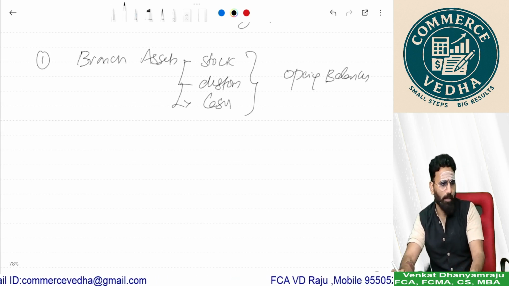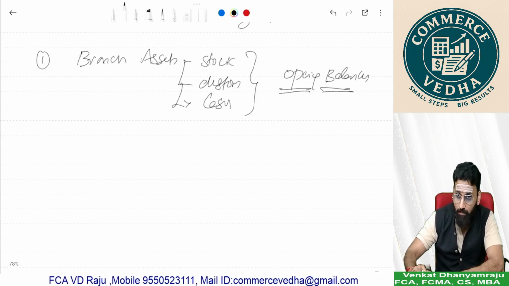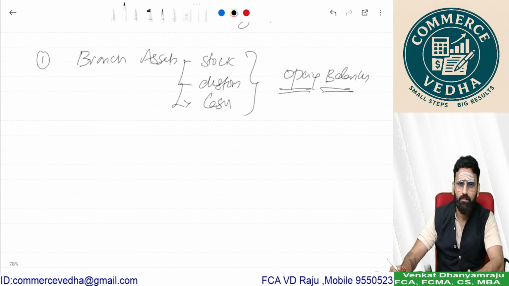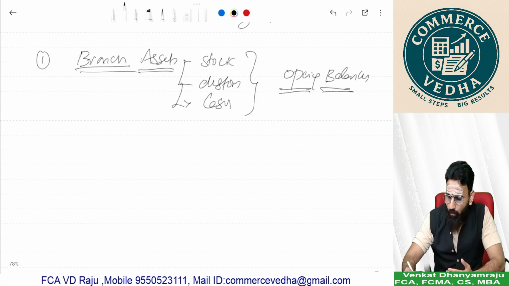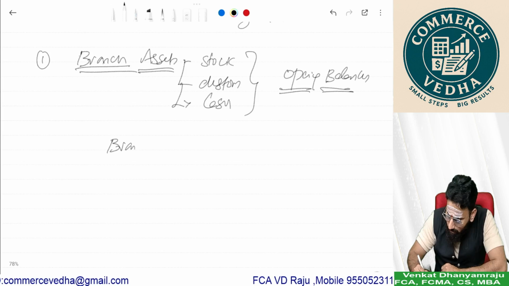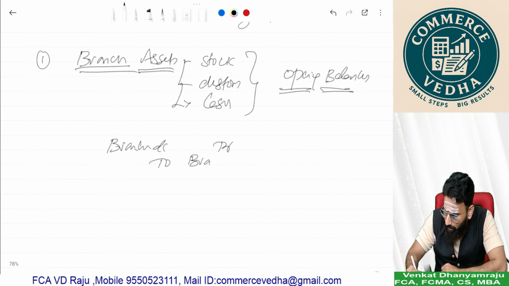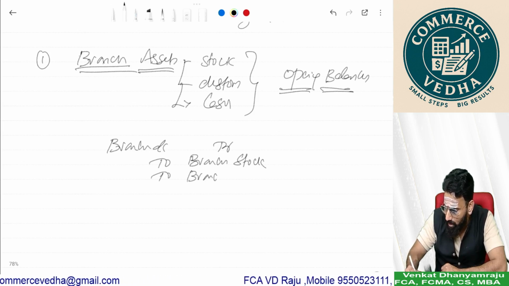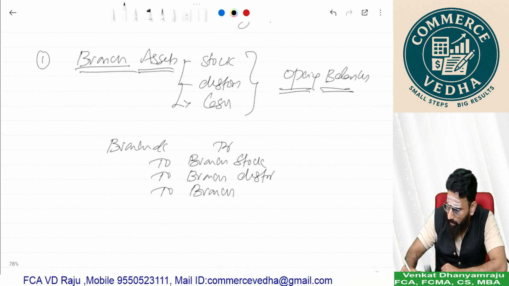For a new branch, there are no opening assets. If there are opening assets, these shall be debited to the branch account. But if it is an existing branch, we should write the branch assets which are opening balances by passing one entry: branch account debit, to branch stock, to branch debtors, to branch cash.